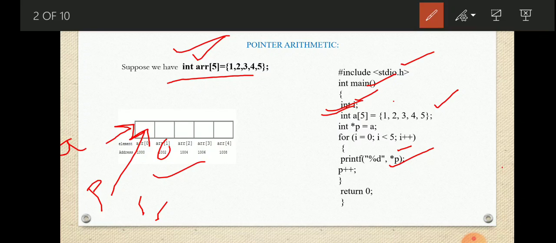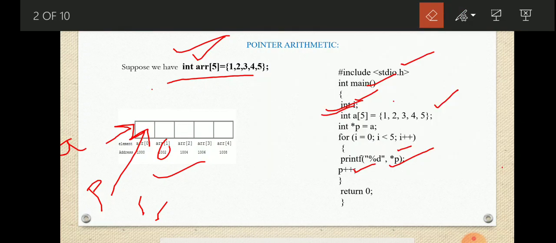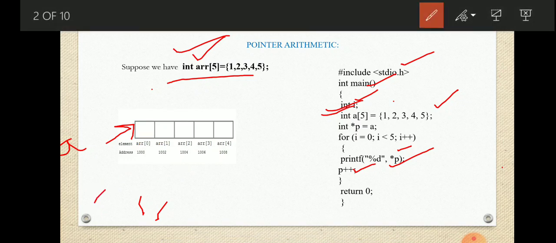Then we do p plus plus. P plus plus means we are doing a pointer increment. Now p is pointing to a[0]. Next time where will p point? After p plus plus, p will point to the next element.